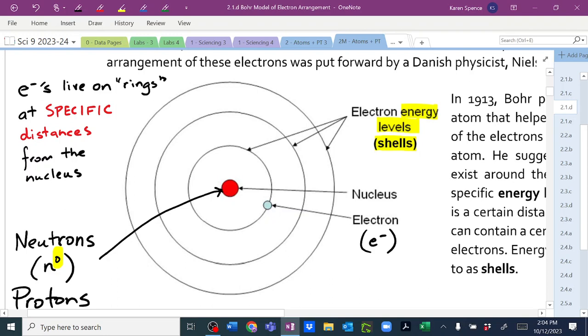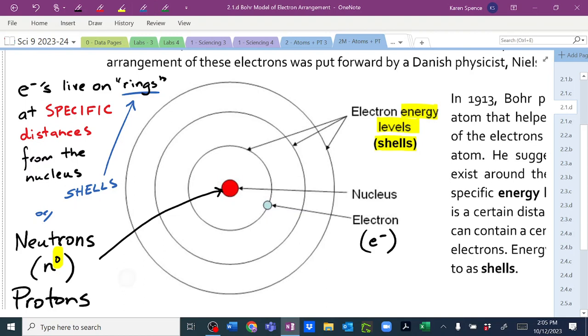And what is the name that we give those rings? We call those rings shells or energy levels. Orbits is what Bohr called them, but that's an outdated term now. So shells or energy levels.